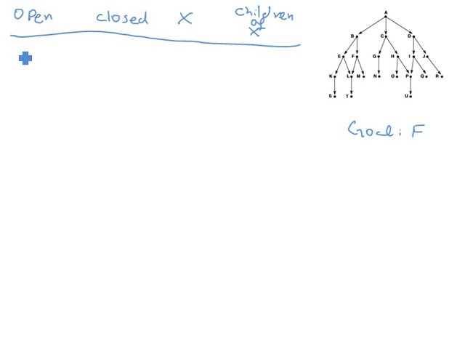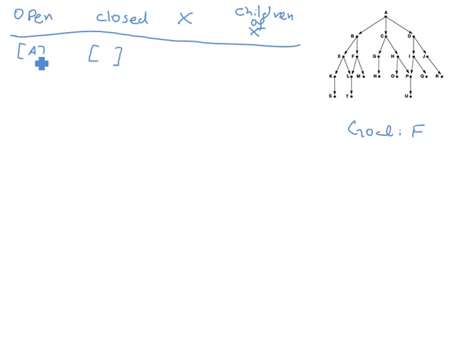Right. When we start the algorithm, the very first thing that happens is that the start node is placed in open. Okay. At this point in time, closed is an empty list, and now we check the very first thing in our algorithm, whether open is empty.